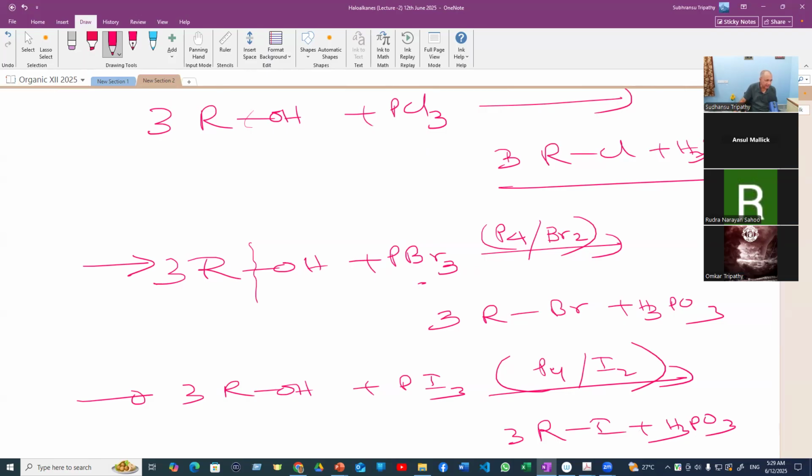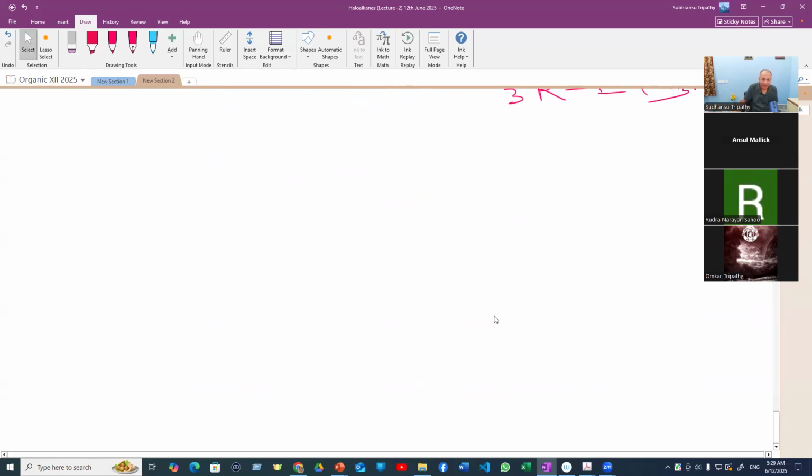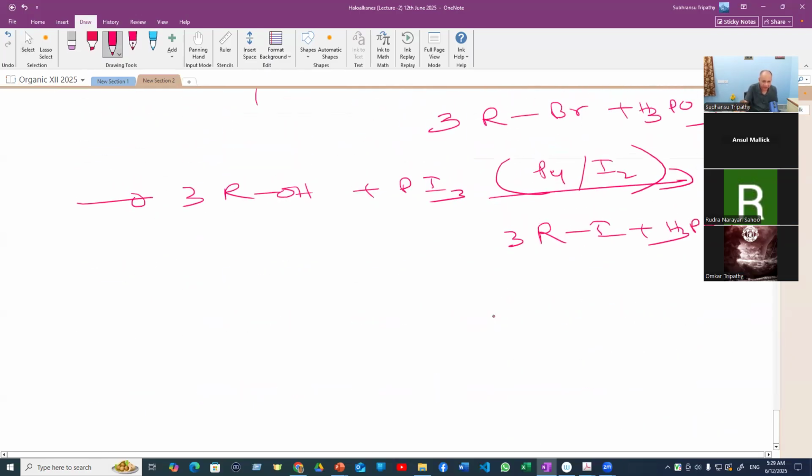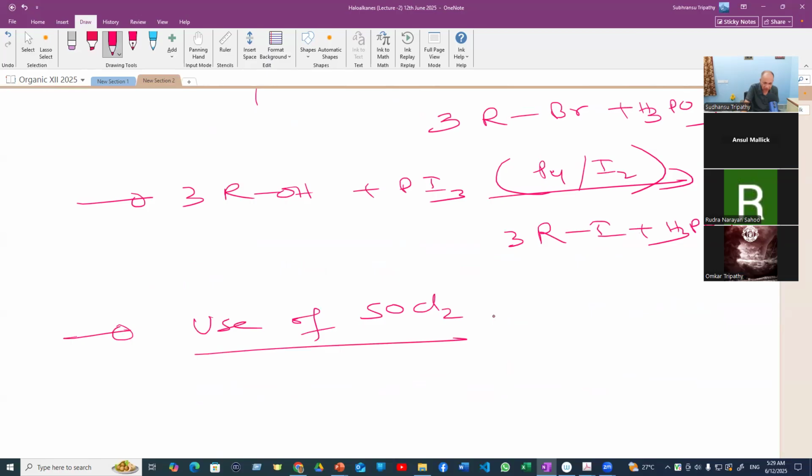Interestingly, another method which is of real interest for higher level is the use of thionyl chloride, not sulfuryl chloride. Remember this, we'll study the mechanism.